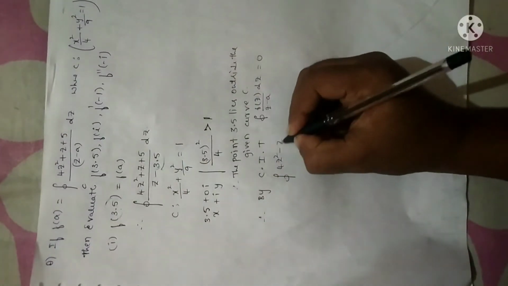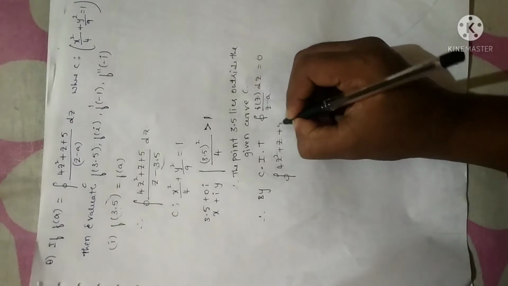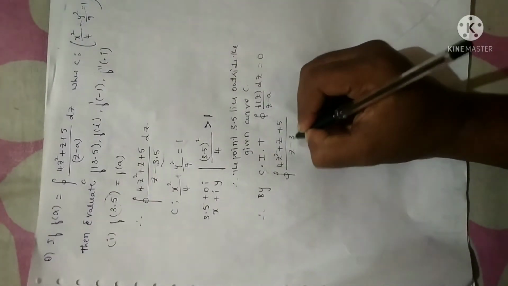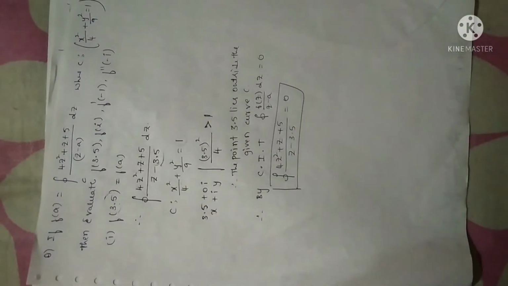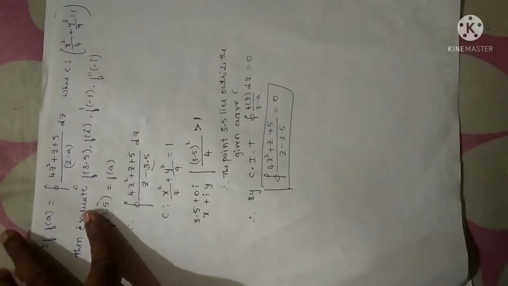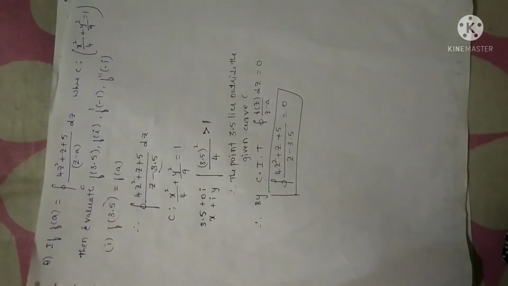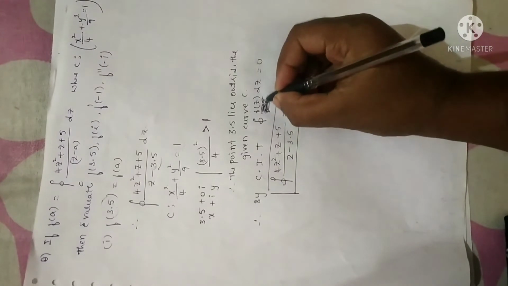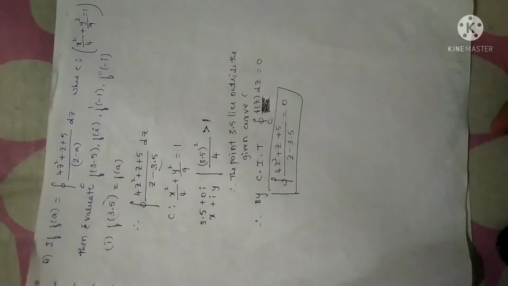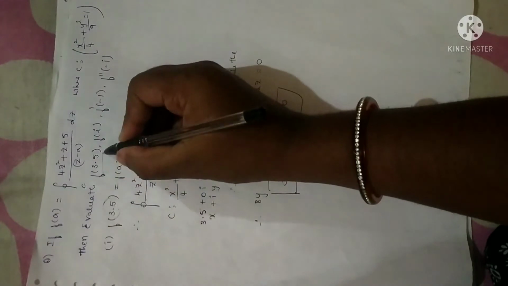So the integral of 4z square plus z plus 5 divided by z minus 3.5 is equal to 0. Hope it is clear. The same procedure, whatever problems I have solved, you have to do the same procedure. So we have obtained the value for the first one.